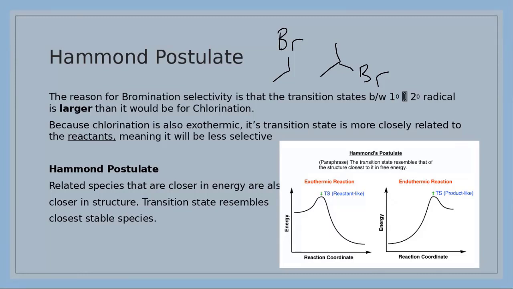It's going to say, this one is much more favorable in energy than this product here, so I'm going to selectively choose only the secondary radical. Because chlorination is also exothermic, its transition, sorry, I should say endothermic. Wait, no, sorry, it's endothermic.